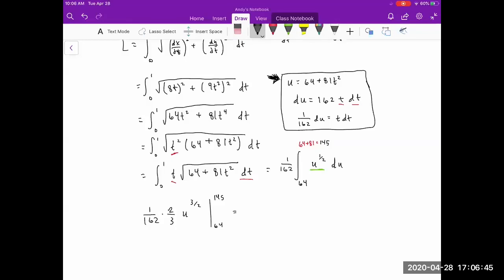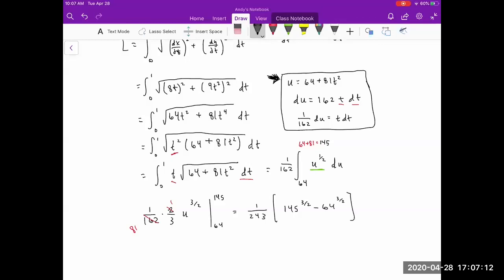There's some cancellation here. 162 divided by 2 is 81, and 81 times 3 is 243. Then we have 145 to the 3/2 minus 64 to the 3/2.